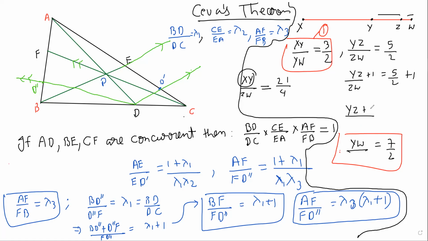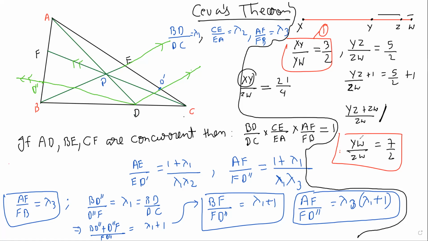No, there is no 2, so how would the 2 come? Okay, I agree about my handwriting. So which zw cancels out?